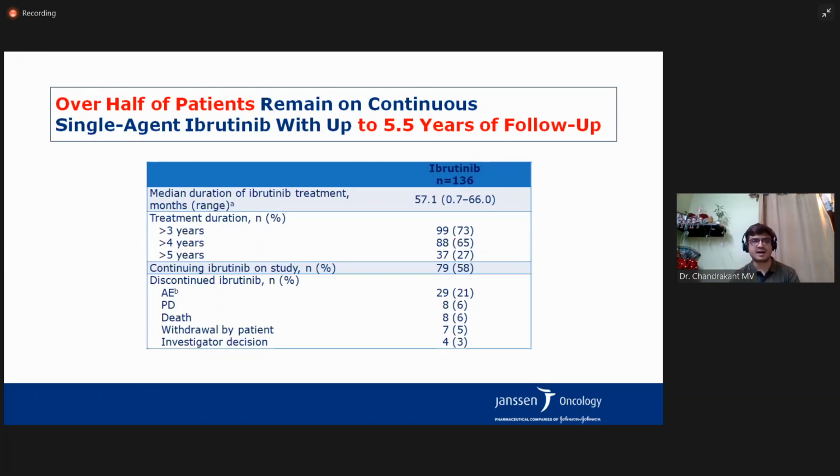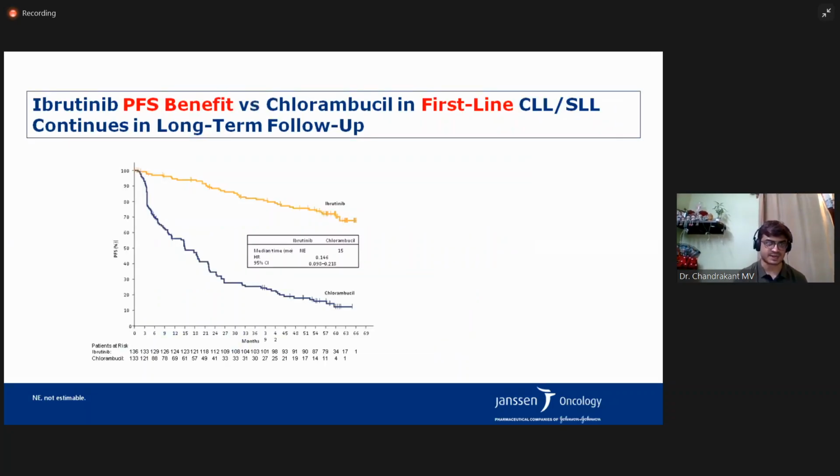So over half of patients remain on continuous single agent ibrutinib with up to 5.5 years of follow-up. And you can see the median duration of treatment was nearly 57 months. So more than 3 years, you can see what is important is that 79% patients were continuing on ibrutinib in this particular trial.